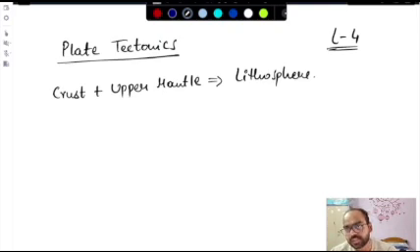This lithosphere is otherwise also called a plate. Okay, the plate is a part of the continent. The plate is not something a separate part. It is part of the continent, right?